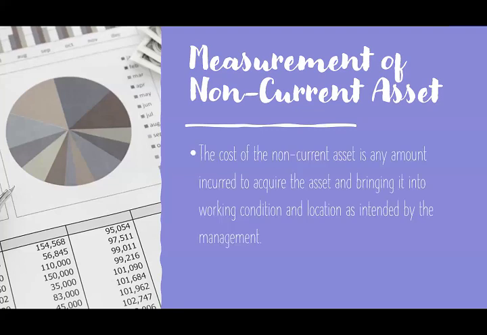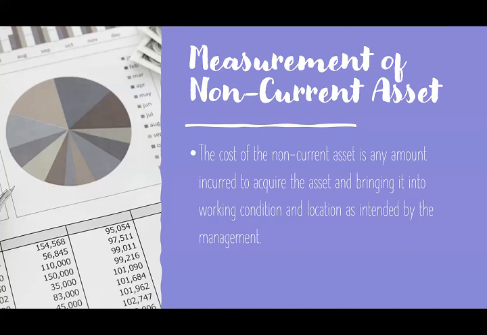Now, once we have understood that, yes, this is our non-current asset, let's suppose the property, which I gave you as an example earlier, the question arises: at what value are you going to record it in the balance sheet? That's what we call the measurement of non-current asset, because when you pass a debit and a credit entry, you have to do it with a certain amount.